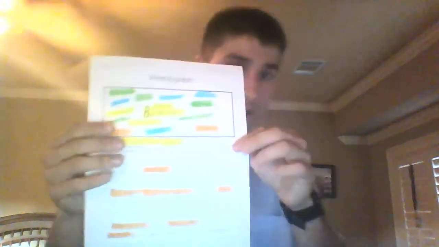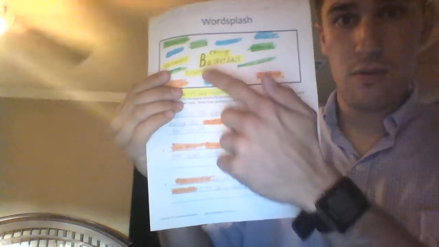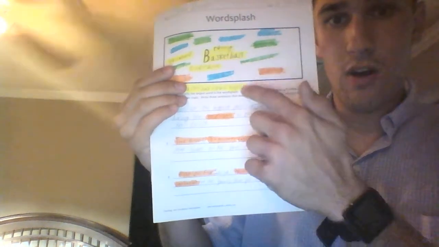And so there's two ways that I've done this with my student teaching. One is like this. So you have the word splash, you have the word basketball. But then all these different things on here.